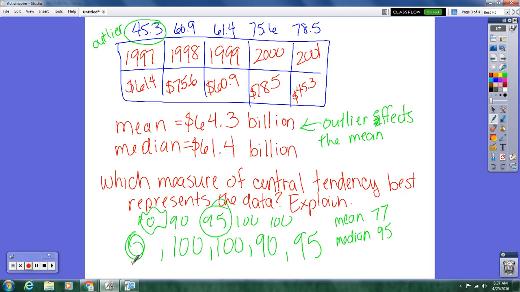That's about it. The hardest part is deciding if you use the mean or the median, describing which one you're going to use and why.